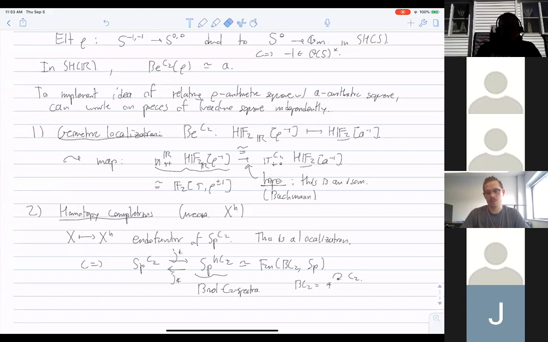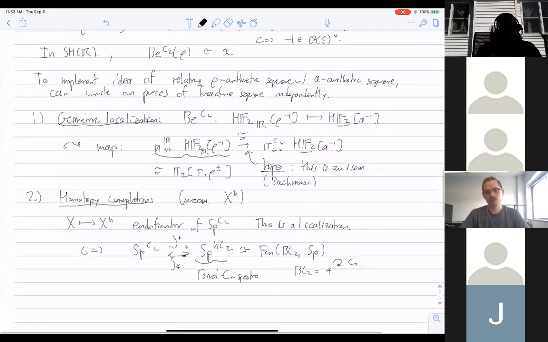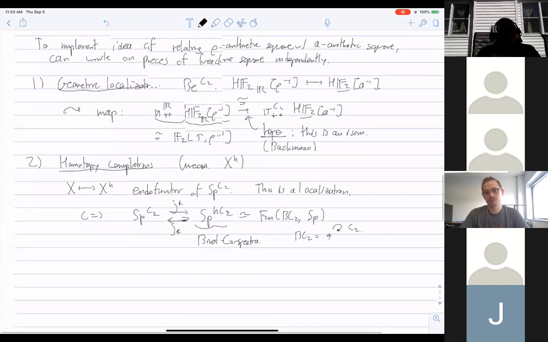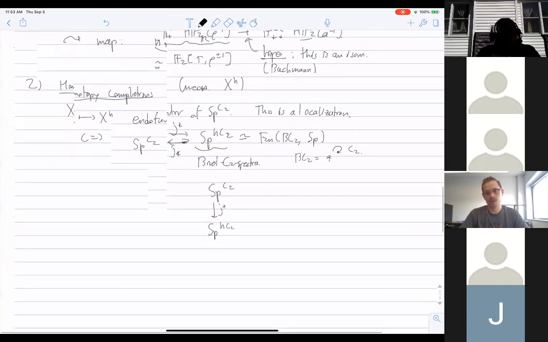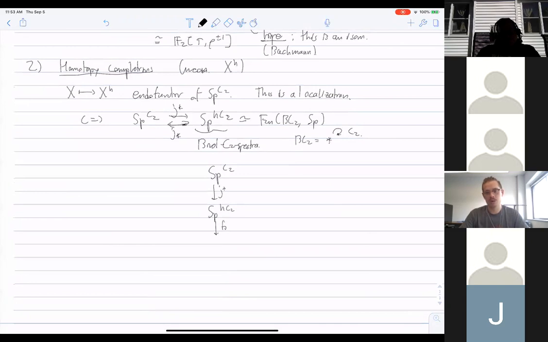As I said, this is a localization, so J lower star is fully faithful. Let's depict this vertically. So I have C2 spectra, J upper star, Borel C2 spectra, and now I can forget the action to get the spectra, and this composite turns out to be the restriction functor. On the other hand, in motivic homotopy theory, I have the functor from SHR to C2 spectra given by C2 Betti realization.